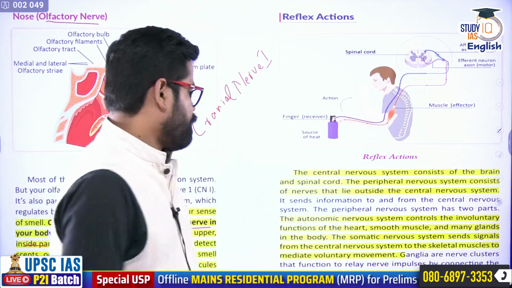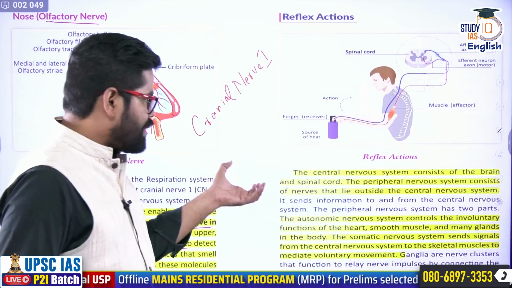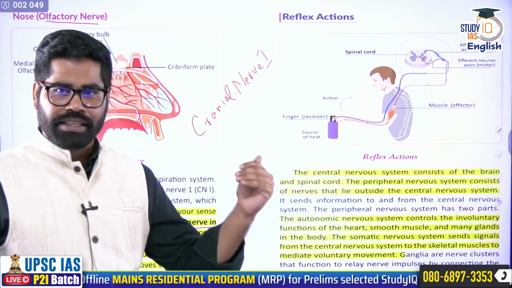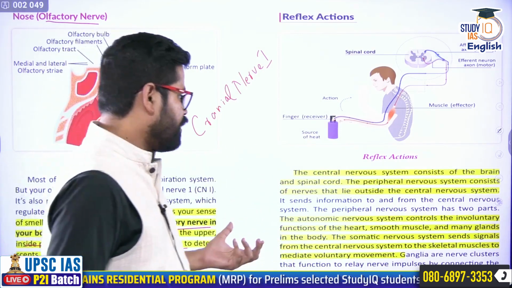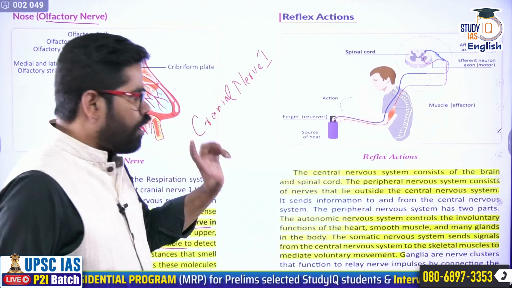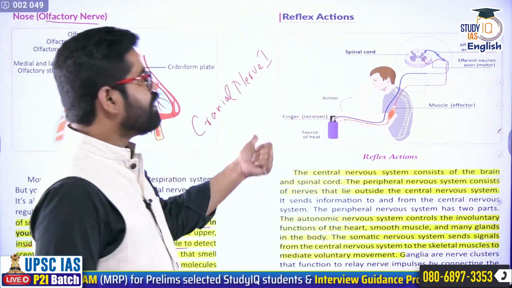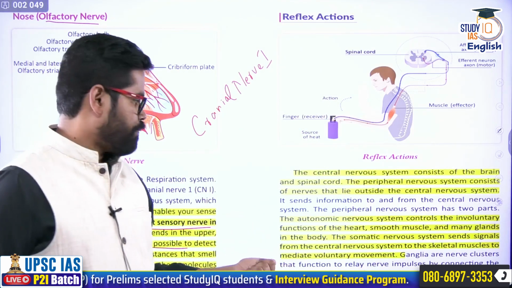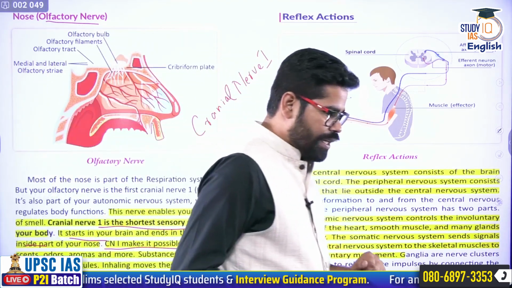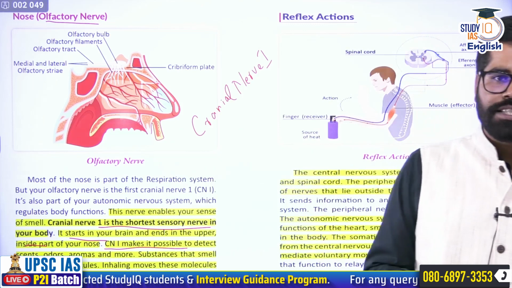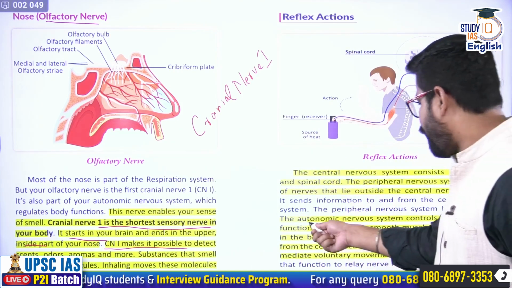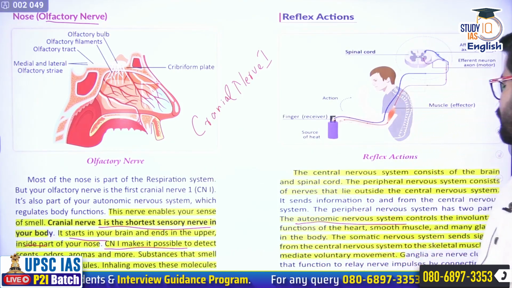Now see, the central nervous system, which has the brain and the spinal cord, along with the peripheral nervous system, helps to control this reflex action. In the peripheral nervous system, we have one part called the autonomic nervous system.